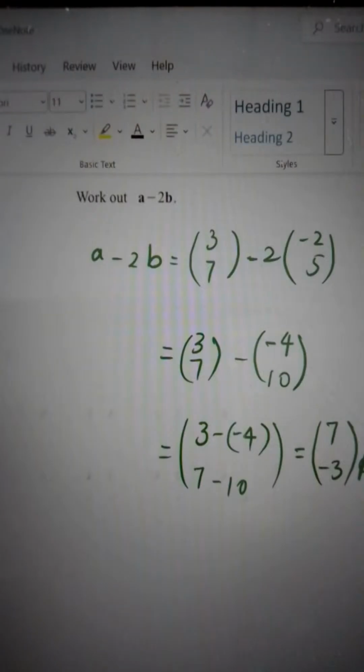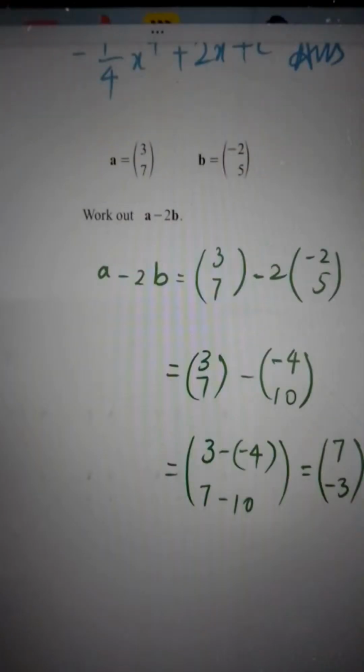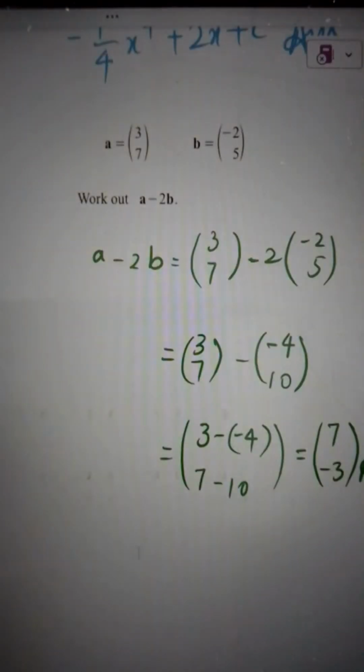Paper 11 of 2023 is being solved. This is the question where a scalar product of the second vector, 2b, is subtracted from vector a. So after that, we have another simple question.